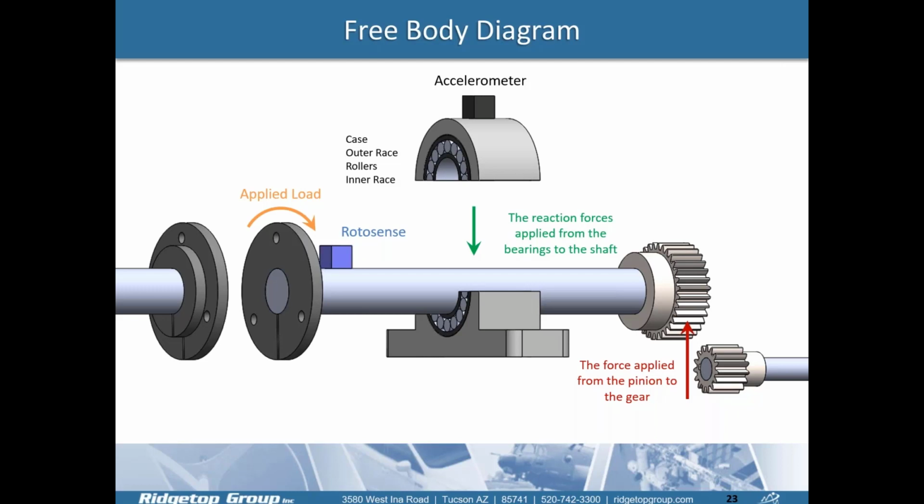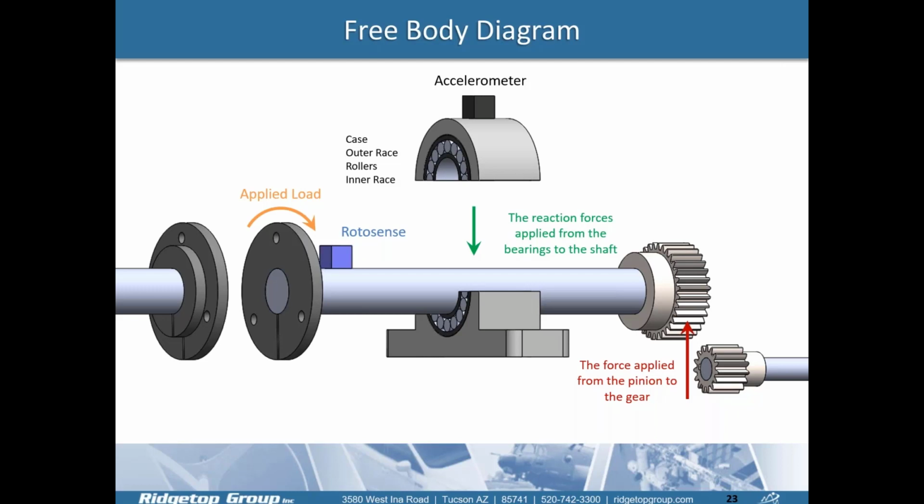Therefore, if the applied force is fluctuating, the reaction force and the applied load will be fluctuating too. First we'll focus on the bearing, the green force applied from the bearing to the shaft. So we proved that this force is fluctuating.